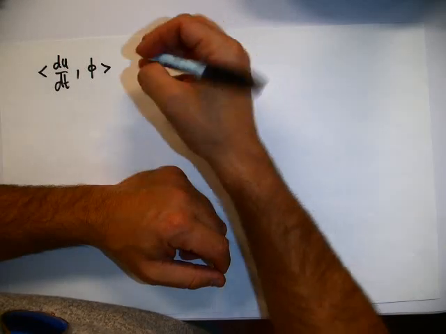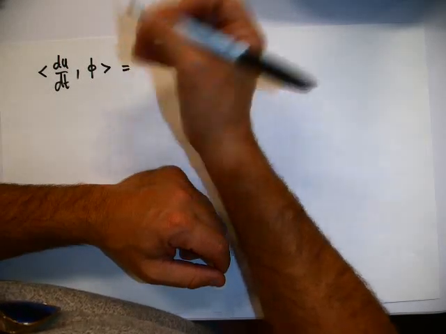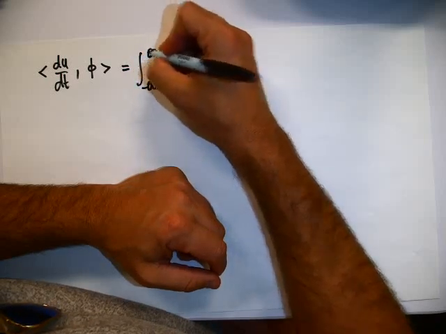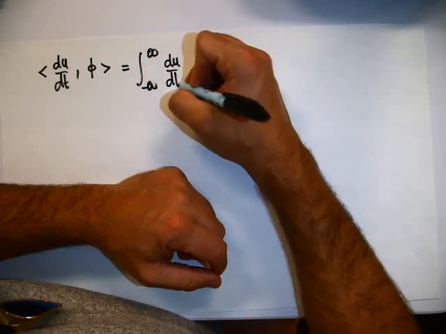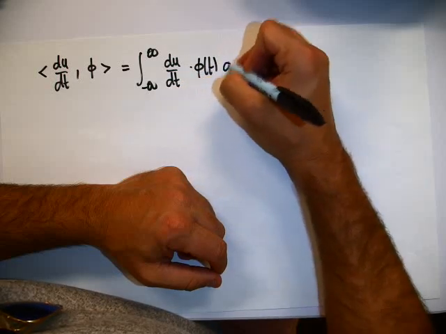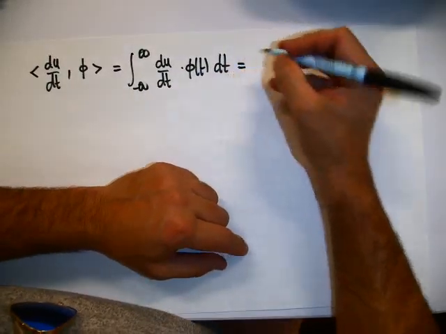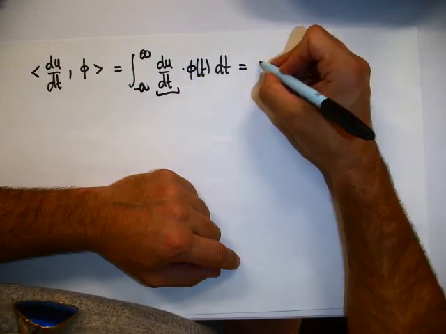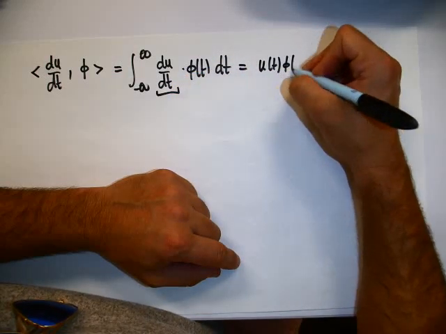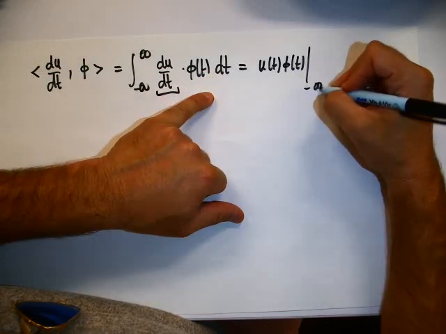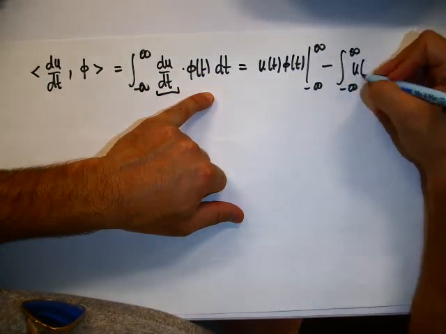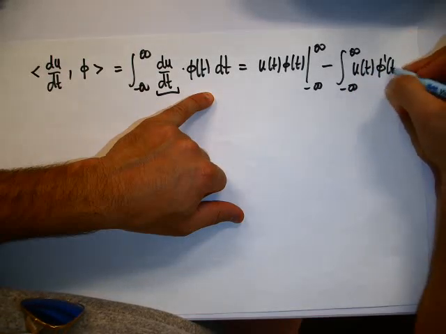we know that this is formally equal to, I'm going to redo the steps, the integral from minus infinity to infinity of u'(t) times phi(t) dt. When you do integration by parts, you take the antiderivative of this, which is basically u(t) times phi(t) between minus infinity and infinity, minus the integral between minus infinity and infinity of u(t) times phi prime of t dt.